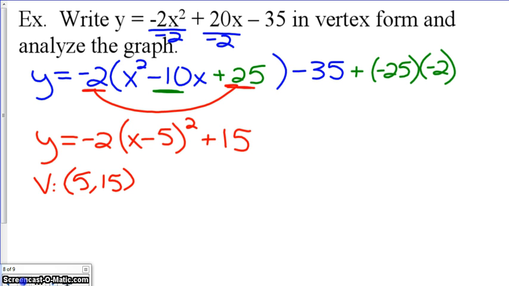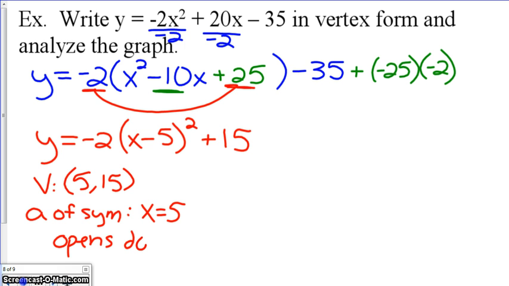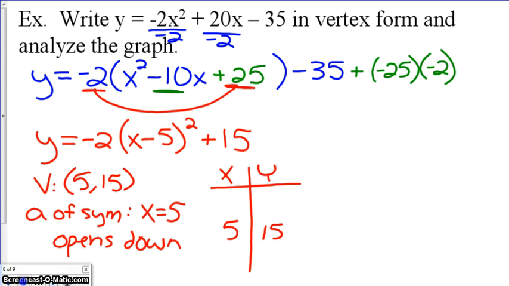Axis of symmetry is x equals 5. Opens down because a equals -2. And if I want to graph, I can do a quick t-table. So I have my vertex at 5, 15. Sketch a quick graph.